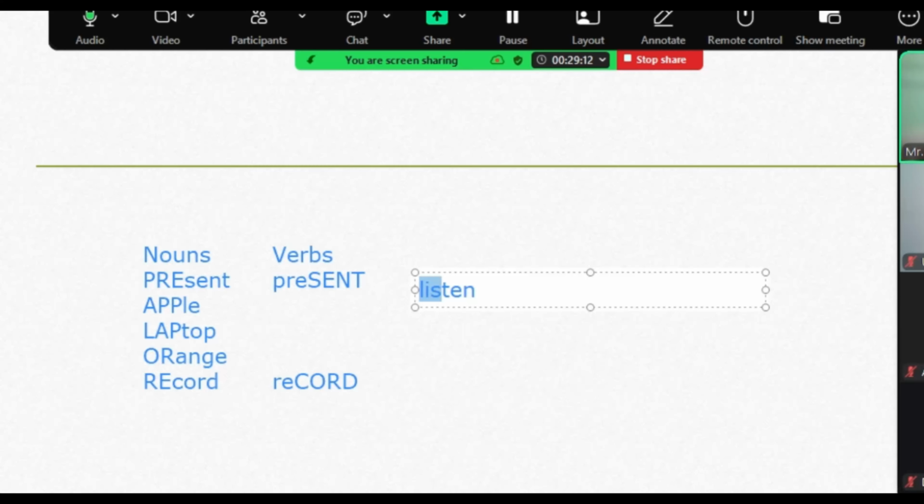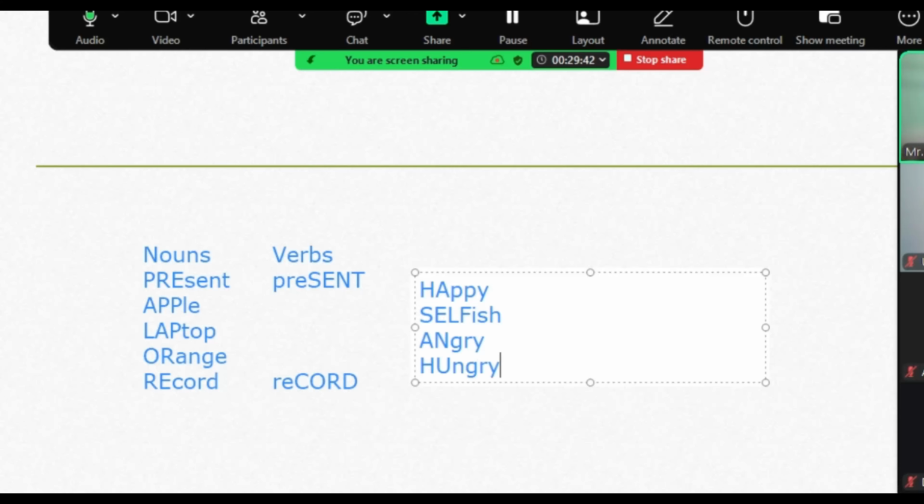If it is an adjective with two syllables, we use the first syllable stress. So they would say happy.